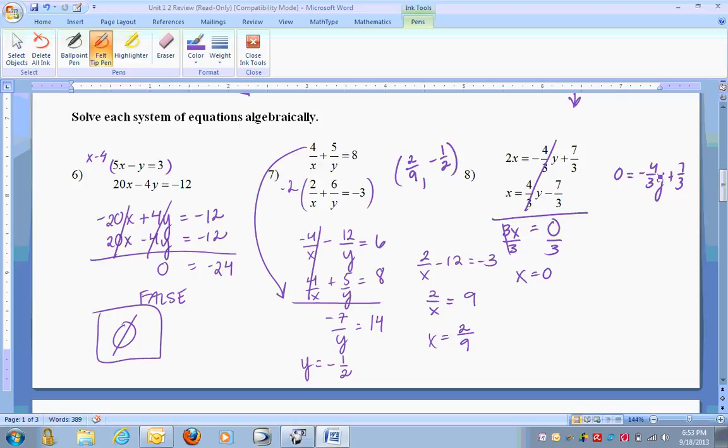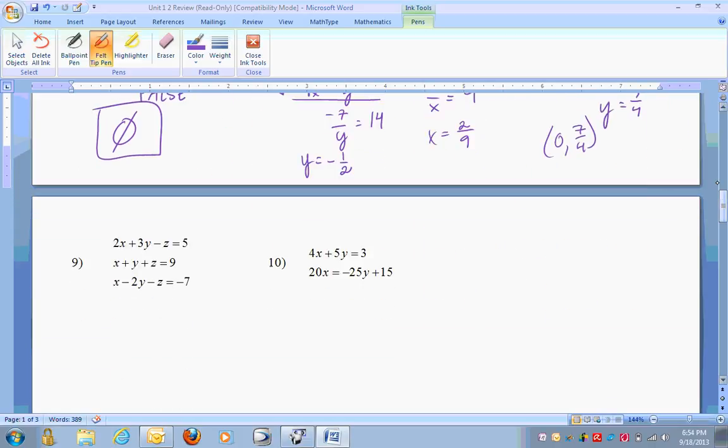Well, then what happens is I can bring that 4/3 y over to the other side, and it becomes positive 4/3 y equals 7 over 3. And then I need to divide by 4/3, which again is the same thing as multiplying by the reciprocal, 3 over 4. So y ends up equaling 7 over 4. So my solution is 0, 7 over 4.